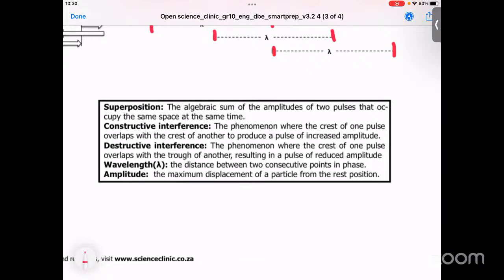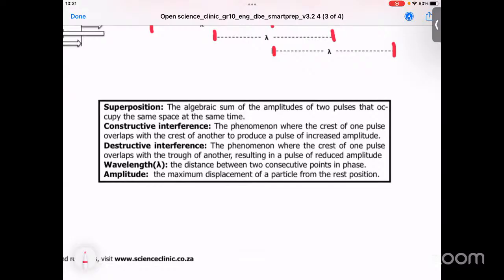Wavelength is the distance between two consecutive points in phase. It is as simple as that. This information might be useful for multiple choice questions, or where they want you to define something. You will definitely need it.